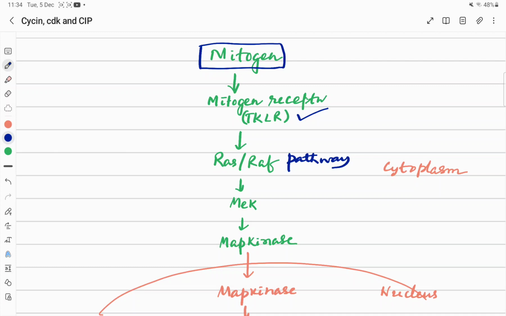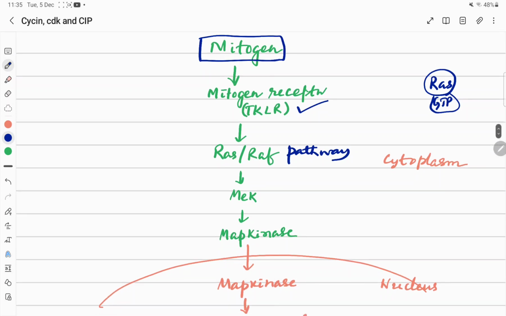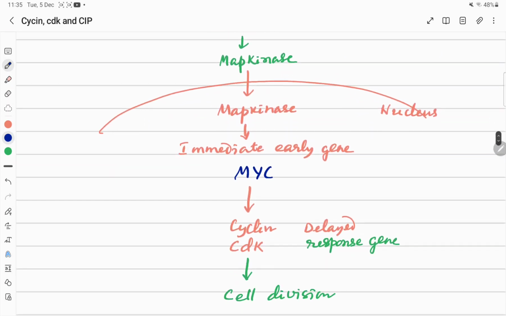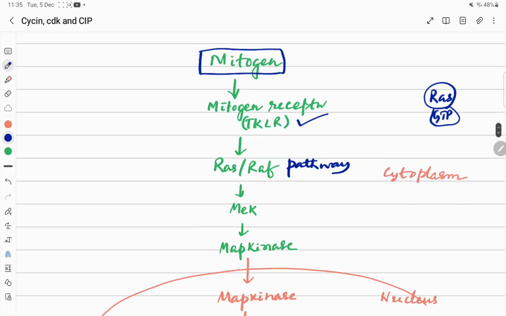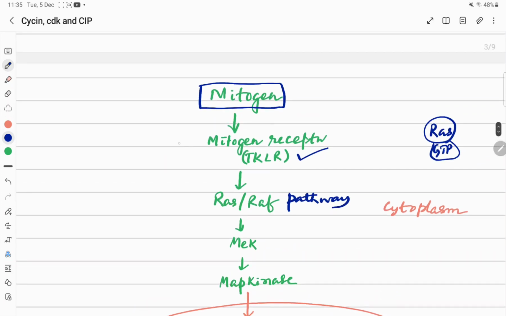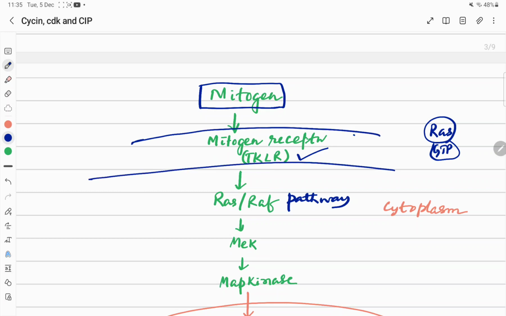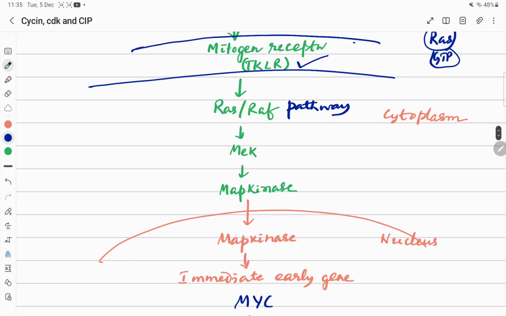Then that RAS GTP can transfer the phosphate to RAF, then RAF to MAP kinase, and this MAP kinase then enters into the nucleus. This receptor is located on the cell membrane. Here RAS is there, RAS GDP, so there will be GDP exchange.